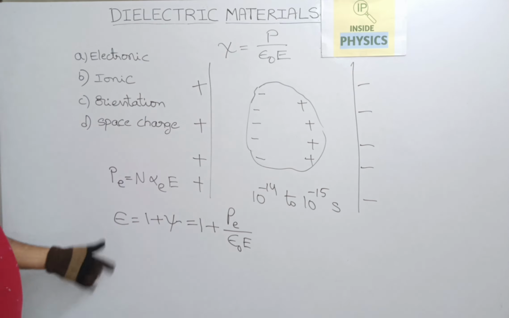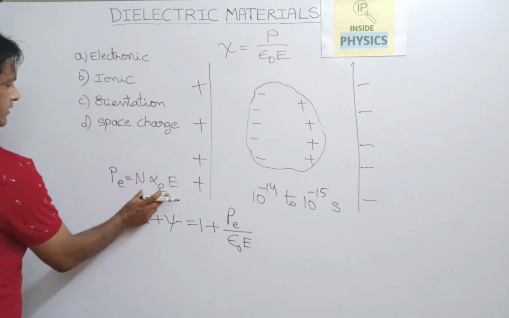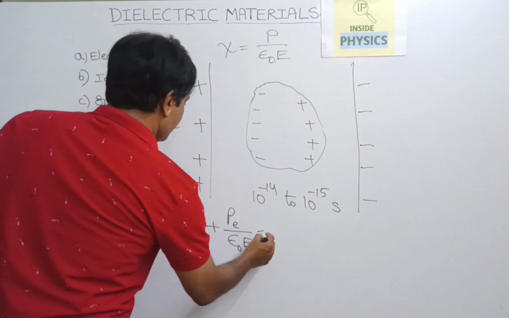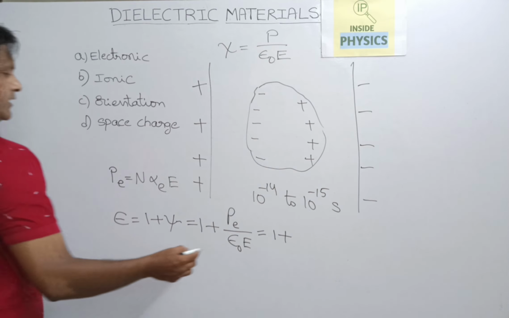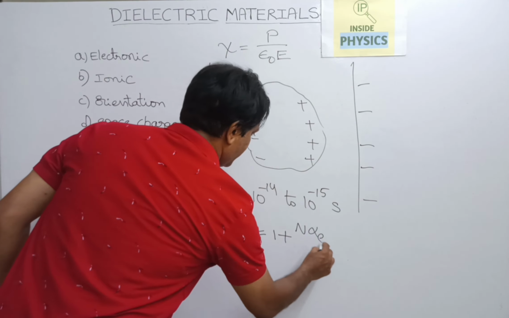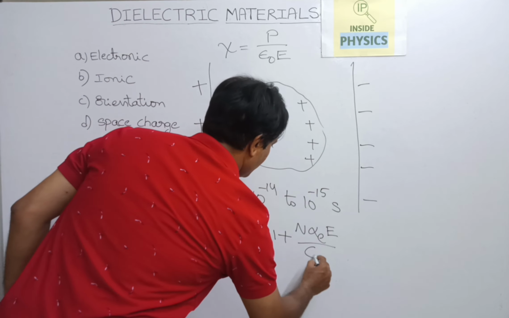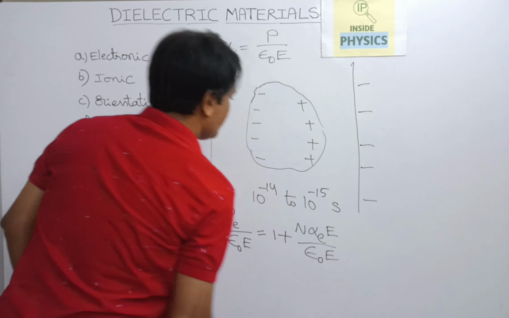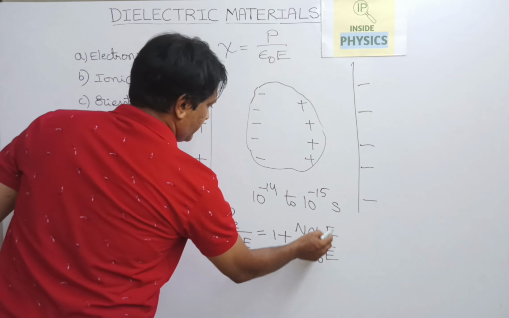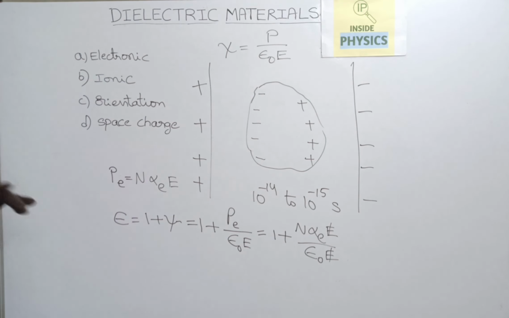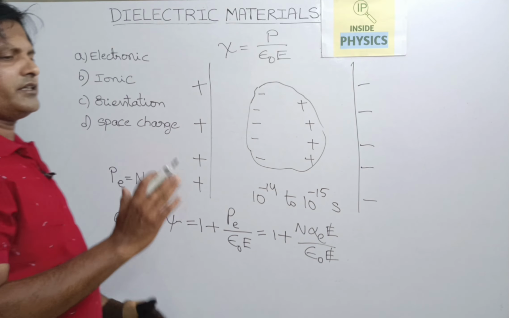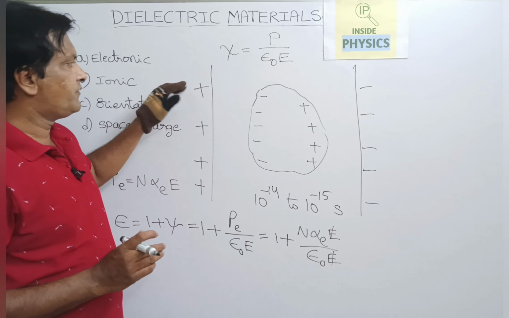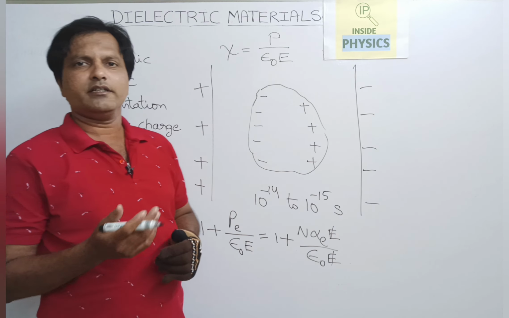When Pe is written in this way, we can take this as 1 plus, in place of polarization, n alpha E by epsilon naught E. So here E and E get cancelled. So what is alpha E here? Alpha E is nothing but the electronic polarizability. It is different for different materials, different for solids, liquids and gases.